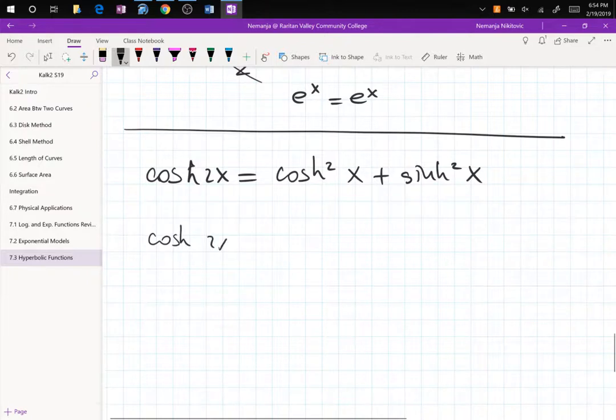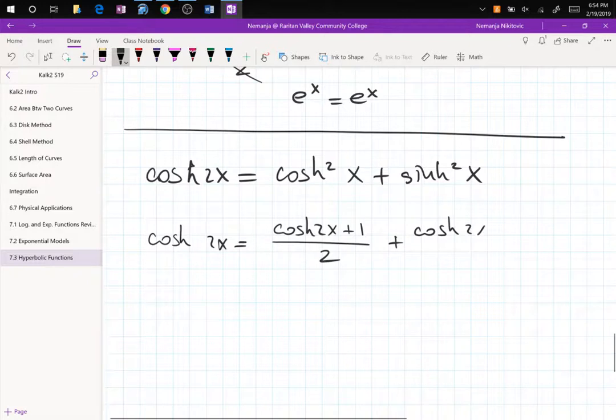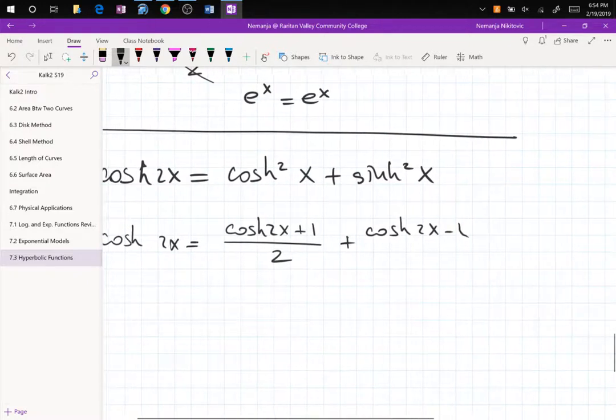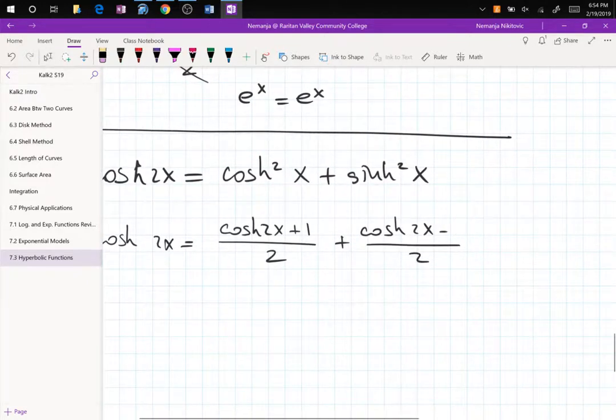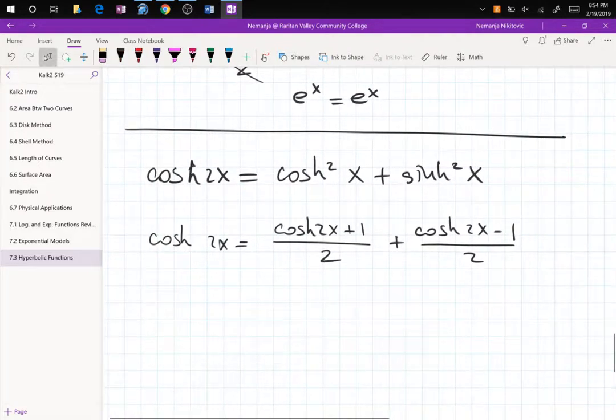Cosine hyperbolic 2x is equal to cosine hyperbolic 2x plus 1 over 2 plus cosine hyperbolic 2x minus 1 over 2. So we just use these, and then these cancel.